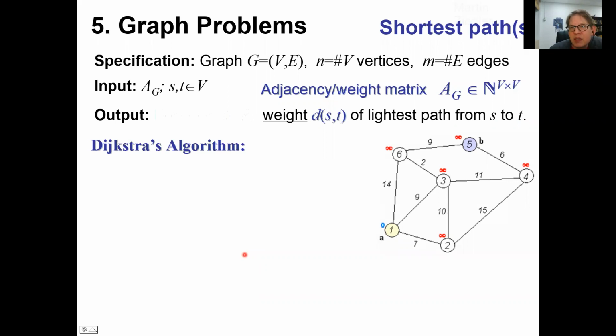The intuition is illustrated here in this example graph. In this example graph, we have a start vertex, which is called A, not S, and a target vertex, which is called B, not T, but anyway, that's just terminology. And the question is to find the shortest path or the weight of a shortest path from A to B. And if you look carefully, you can find such a shortest path. Any idea?